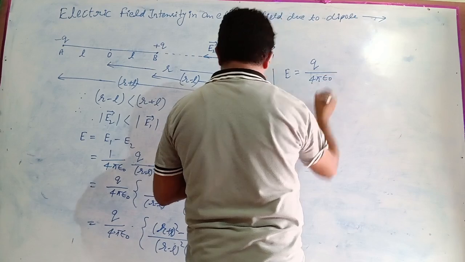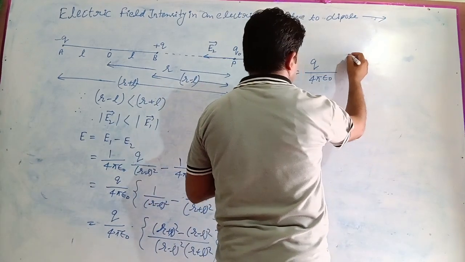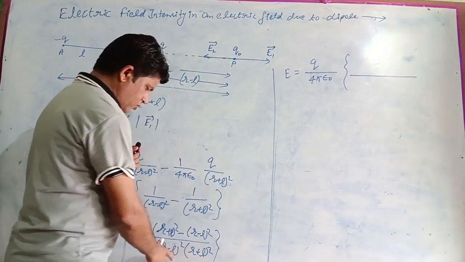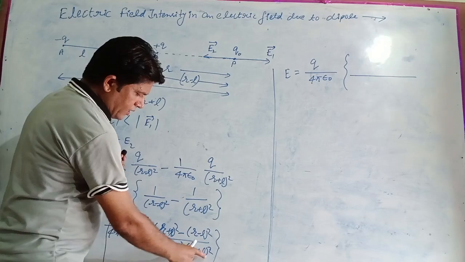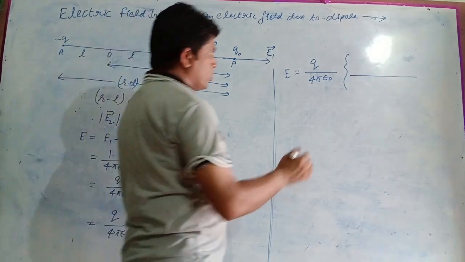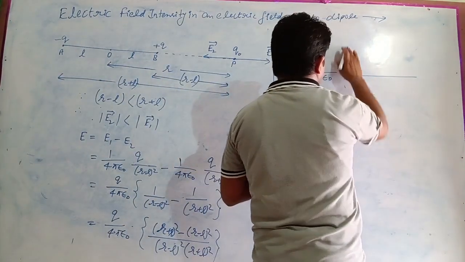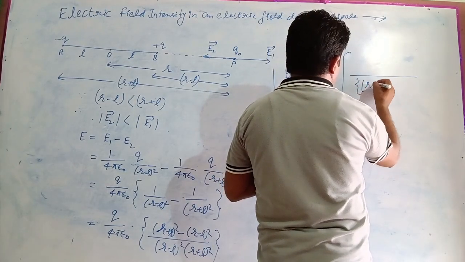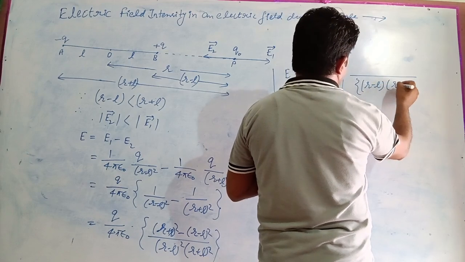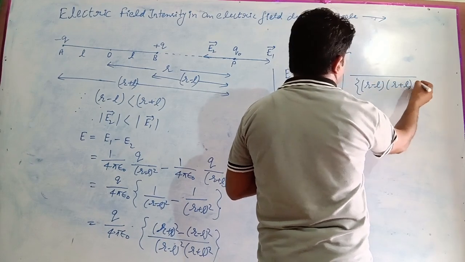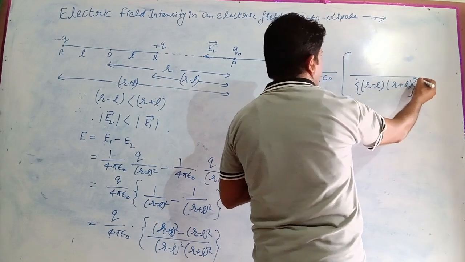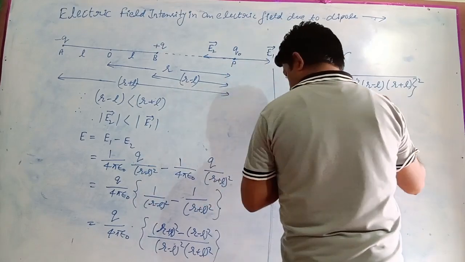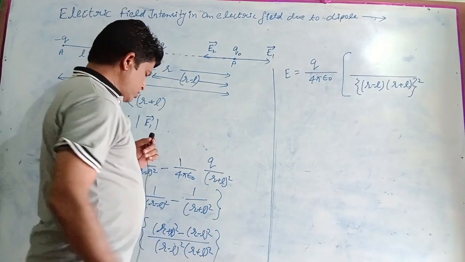Q upon 4 pi epsilon naught. Here, because both the lengths have a square, you can write it as r minus L, r plus L, and in the curly bracket you write the power of 2, and open these two squares.